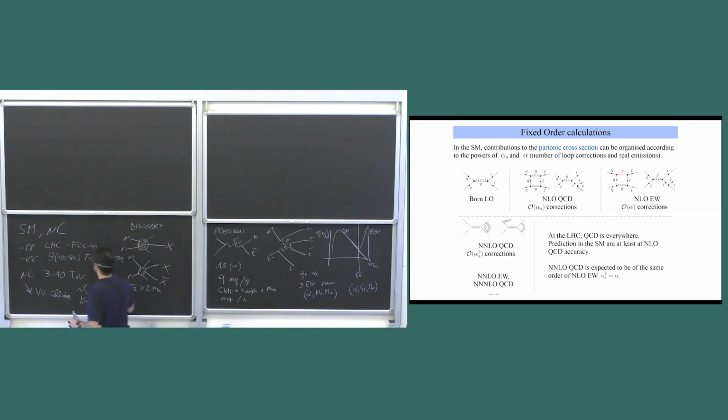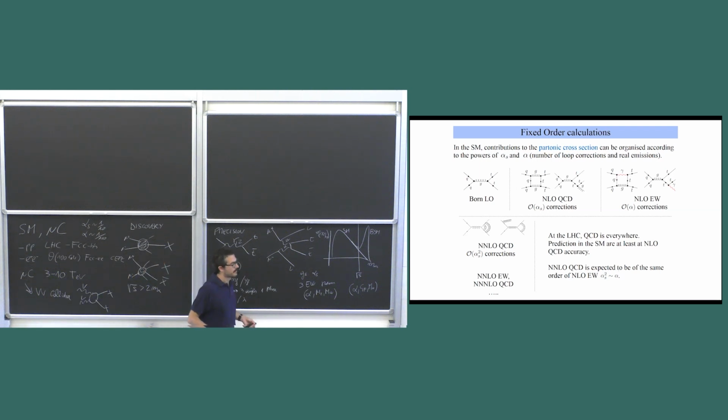Why? Because these are proportional to alpha strong, and you can imagine that alpha strong is of the order of 1/10, okay? While the electroweak corrections are proportional to alpha, that is of the order of 1/100, 1/137, but let's say.